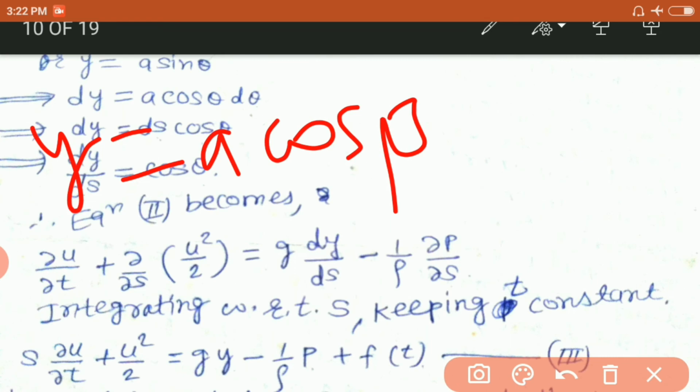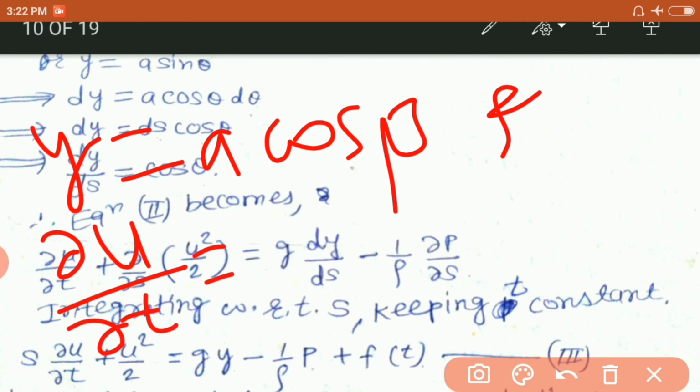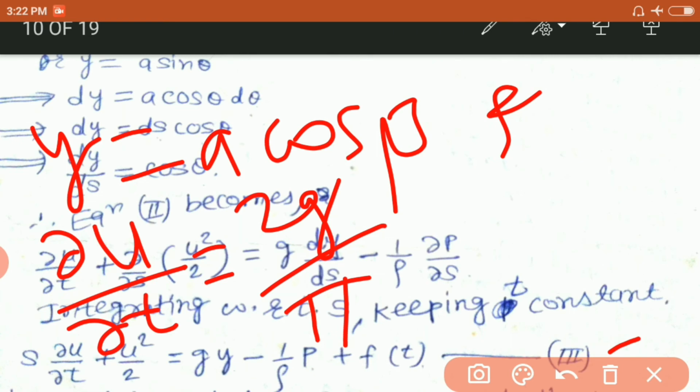And dou u by dou t is equal to 2g by pi. Then this equation third becomes: we get dou u by dou t, where s is equal to a theta.